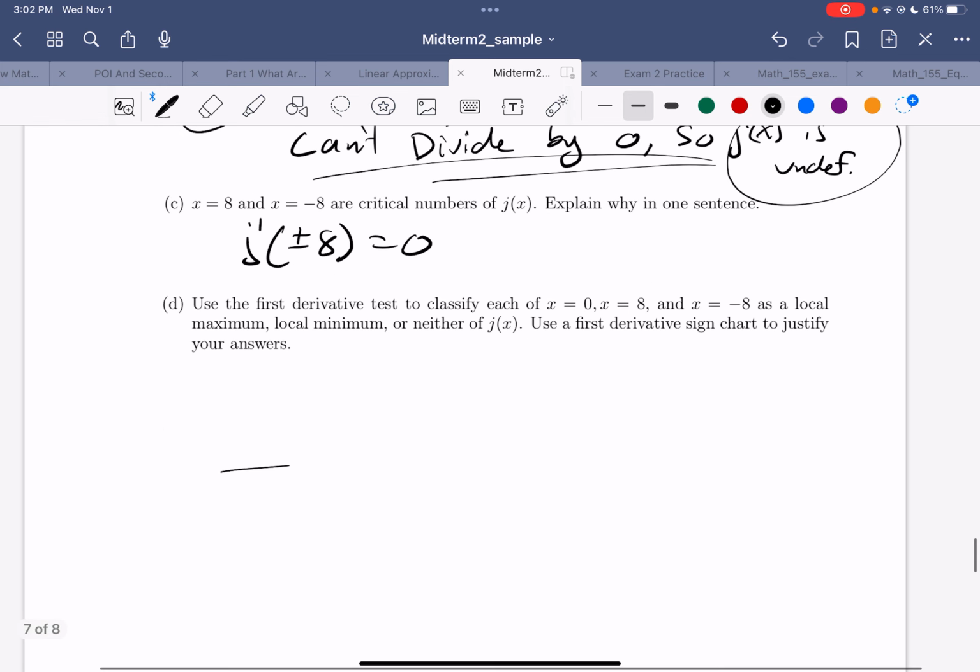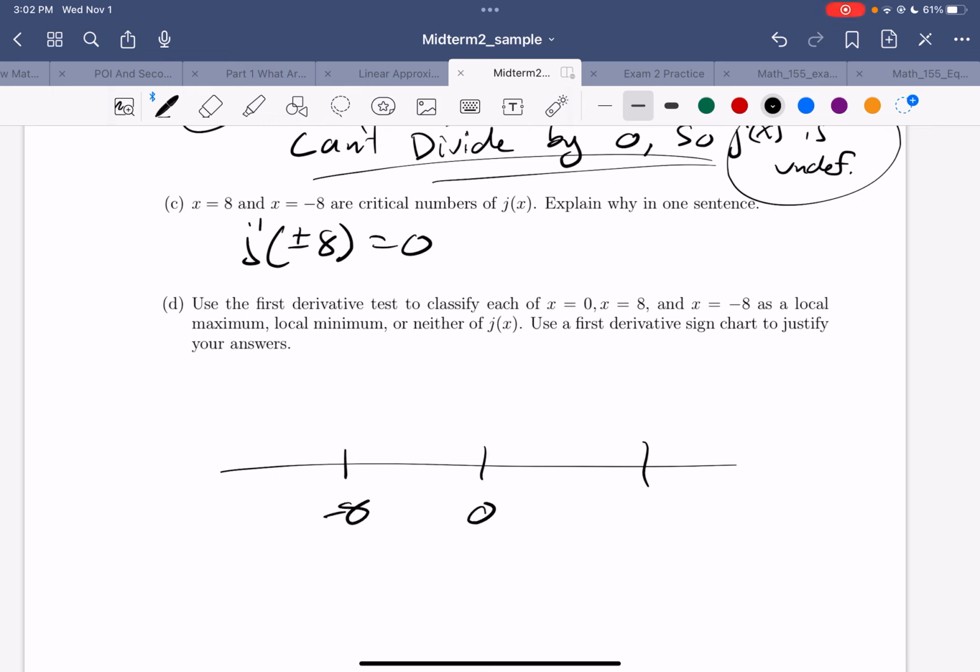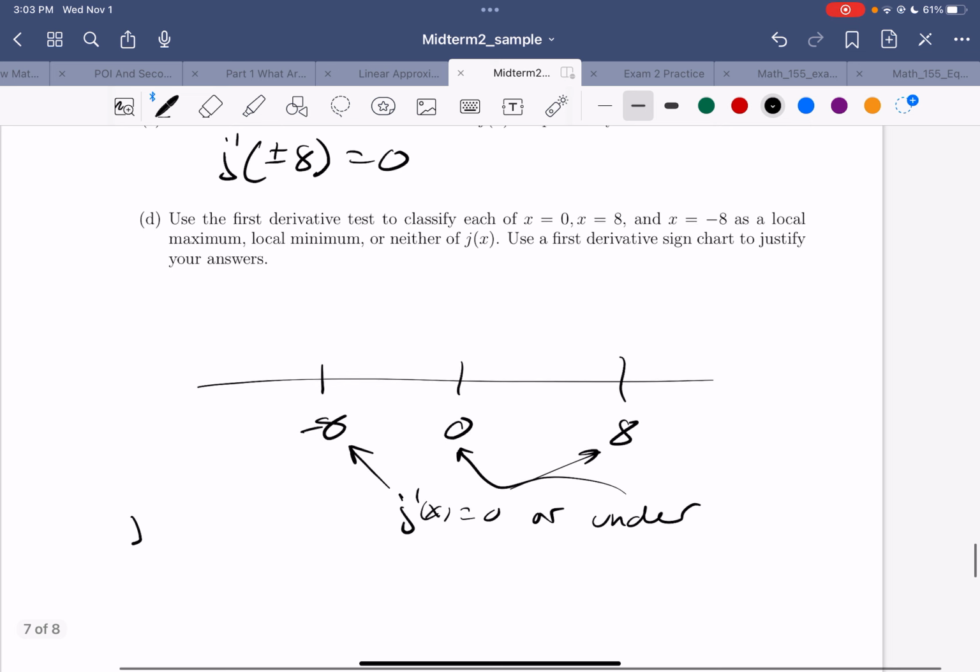Use the first derivative test. So what we're going to do, we mark on a number line all the spots where j prime of x is 0 or undefined. Right there, okay? Now what we care about is whether j prime of x is positive or negative.